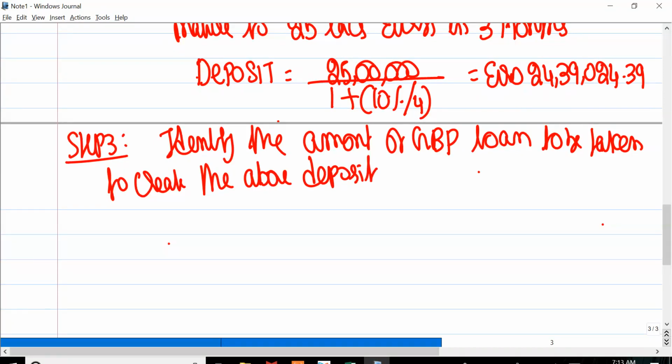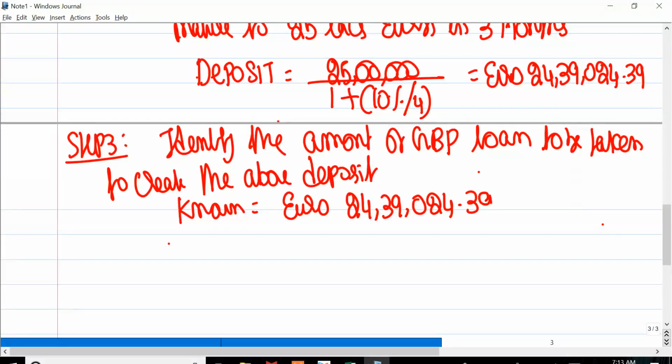I'm just identifying the amount; I'm yet to do anything. Known: euro 24,39,024.39. Unknown: GBP.